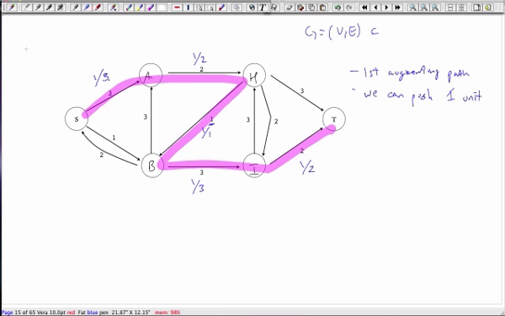So since we're pushing one unit of flow from S to A, we need to create a residual edge from A to S that has capacity 1. And similarly, we're going to need to create a residual edge with capacity 1 and a residual edge. So did everybody follow the residual edges that I had to add?